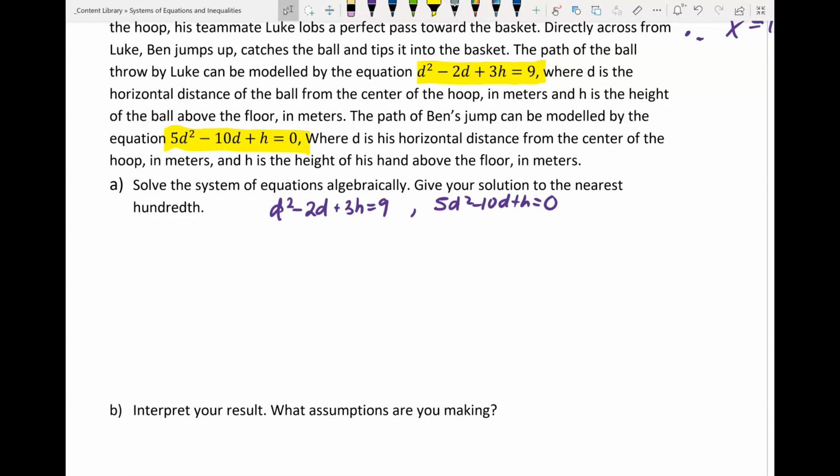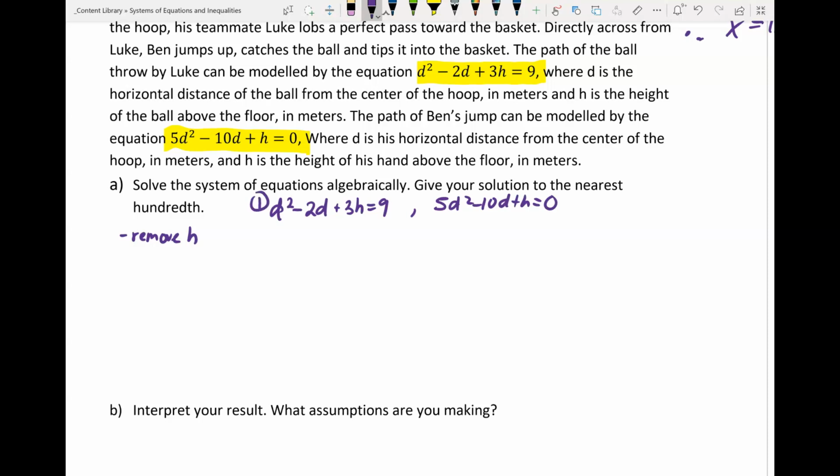So if I want to use elimination, I have to figure out which one I want to remove, either the D or the H. In this case, we probably want to remove the H because we have a D squared and a D. And if I only get rid of the D squared or the D, I'm still left with two variables, which doesn't help me at all. So I'm going to remove the H. And I'll do this by multiplying our second equation by 3 so that I can get 3h in both equations.